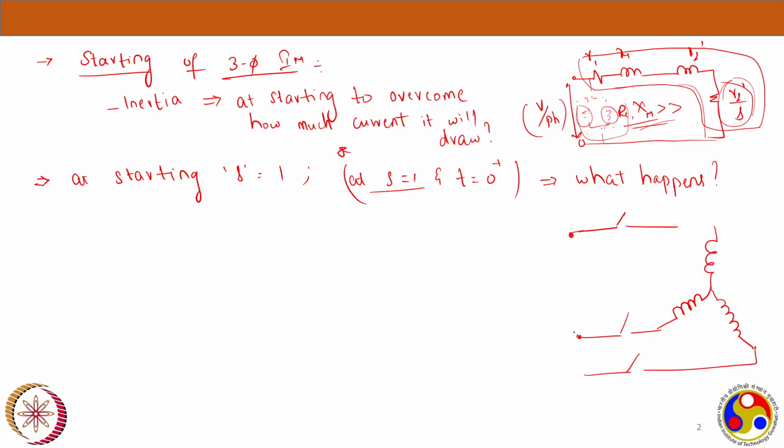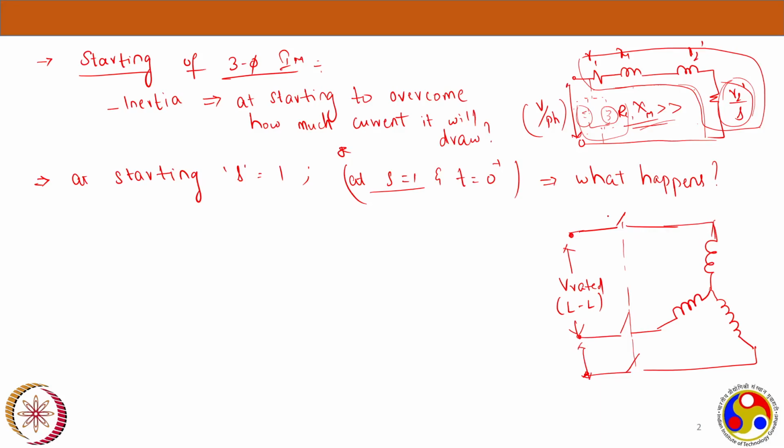Now here, this is a line to line voltage, not a per phase voltage. We are giving the rated voltage at these two phases, and these are all the switches. At the instant I close this particular switch, the machine will start.